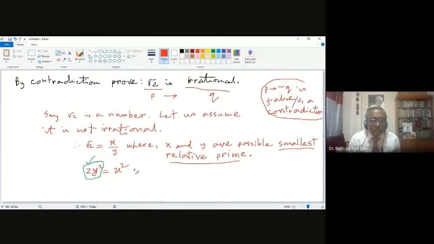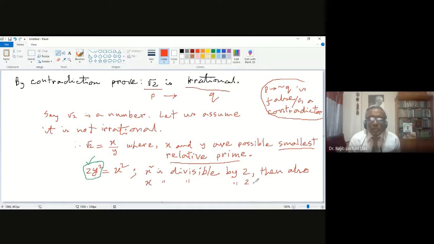So you can write in the next line, x square is divisible by 2. Divisible means can be divided. So if x square is divisible by 2, then x, that is only x, is also divisible by 2.